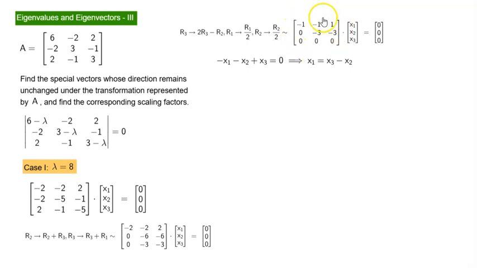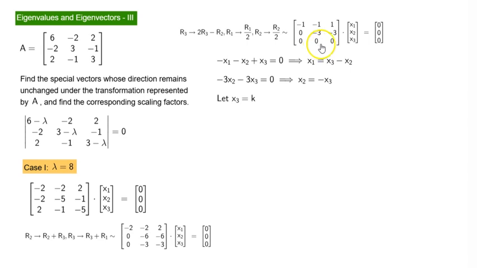By looking at this matrix itself, we know that the rank is 2 and there is one single free variable. Converting it into equation form, we get minus x1 minus x2 plus x3 equal to 0, which can be written as x1 equal to x3 minus x2. Then we have minus 3x2 minus 3x3 equal to 0, which means x2 equal to minus x3.